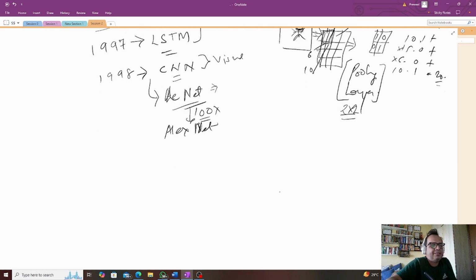The next big thing is, say, around 2014, and I'll see if there is something that came in between, but I think in 2014 there is something called GANs. They came into existence. GAN is a generative adversarial network. So it has two parts. One is a generator and one is a discriminator.